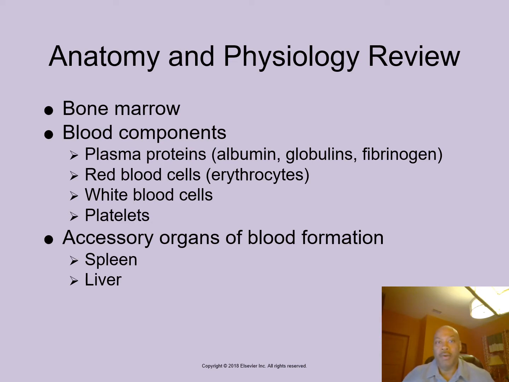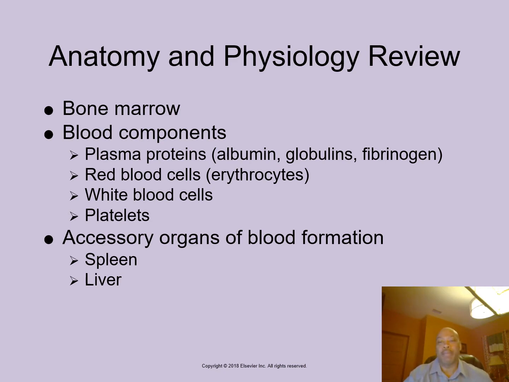Now, the bone marrow first produces blood stem cells. And so you may ask, what are these? These cells are unspecialized or undifferentiated cells capable of becoming any cell.